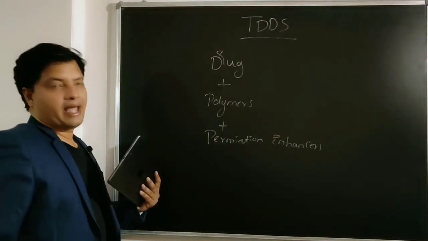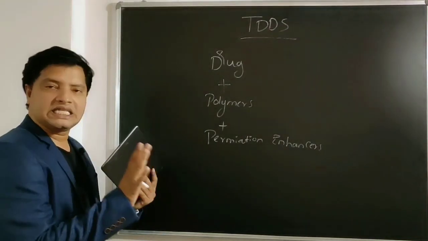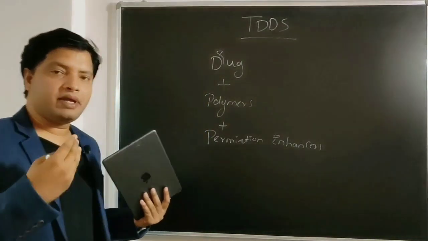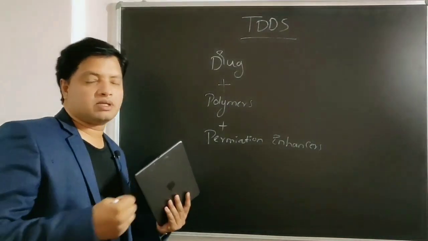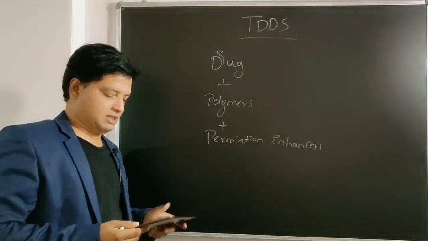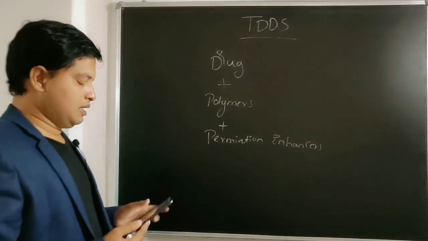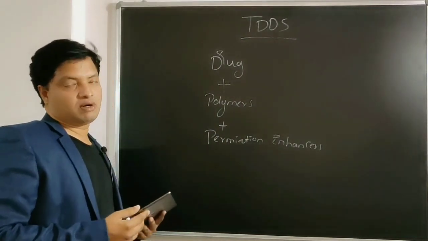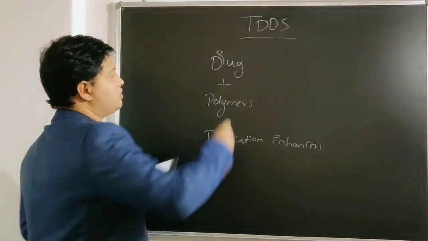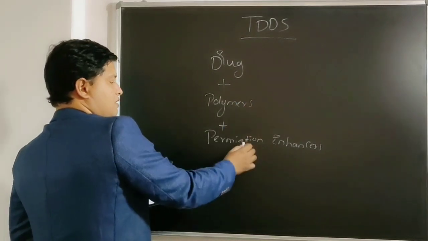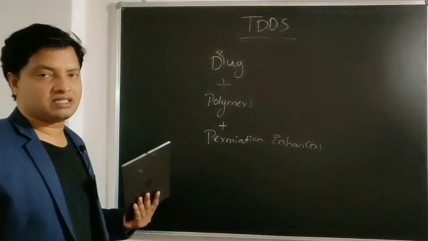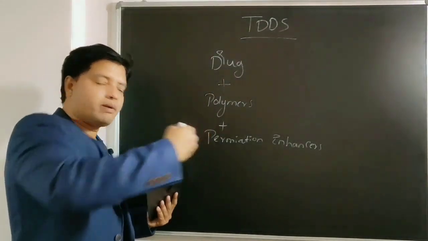And we have other excipients. These are the basic components. We have drug, we have polymers. The polymers can be sticky polymers or non-sticky polymers. Then we have permeation enhancers. These are the basic components of your transdermal drug delivery. We take this drug, mix with the polymer, mix with the permeation enhancers, and we try to give it in the form of a transdermal drug delivery system. We will see one by one what that is.